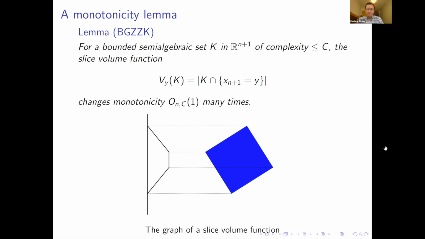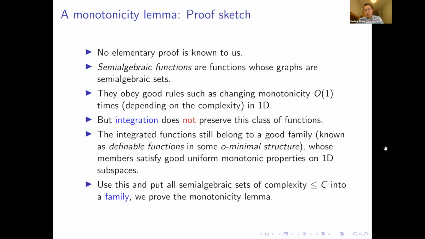So the idea is that it wouldn't change monotonicity infinitely often. Actually, it changes monotonicity only boundedly many times. So that's the idea. And finally, maybe I'll say a few comments about this lemma and this proof. This is elementary, but we don't know any elementary proof. So it looks elementary, but it's not for us.